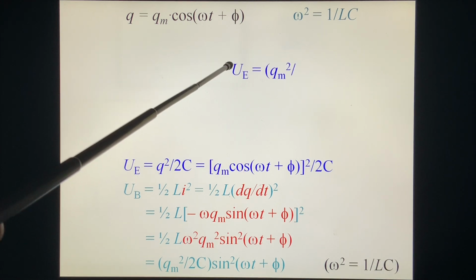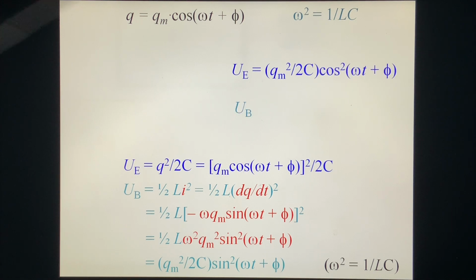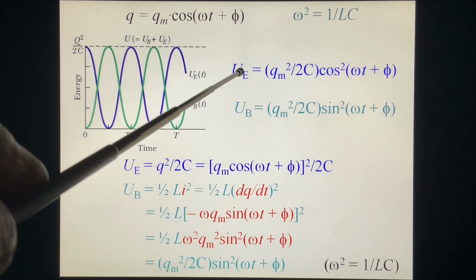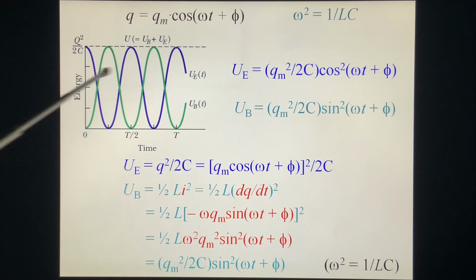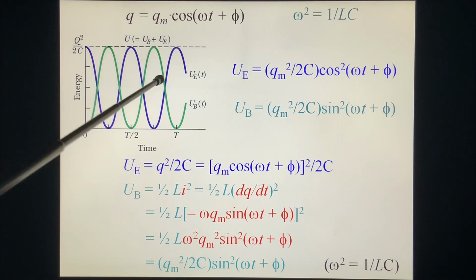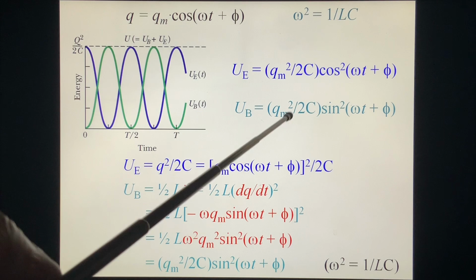This is the electric field energy, and this is the magnetic field energy. We see the blue line is UE and the green line is the magnetic field energy. We see that at any time the sum is constant, and they both oscillate.